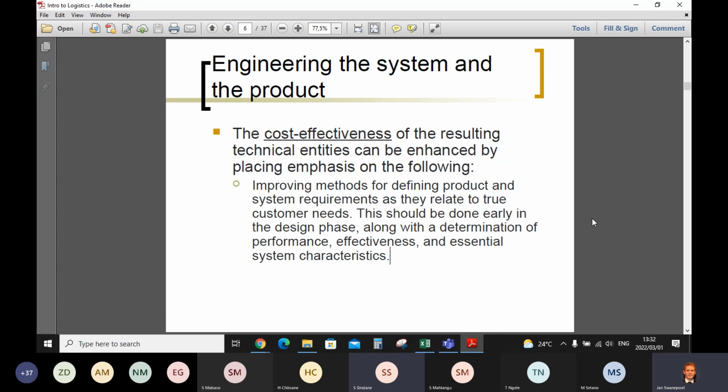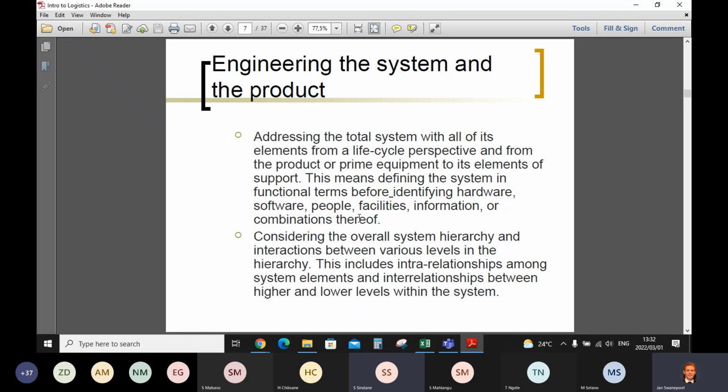Okay, guys, I'm going to run towards the end where we outline the life cycle, and we can come back on Thursday. Addressing the total system with all of its elements from a life cycle perspective is very important, for the product or prime equipment and its element support.